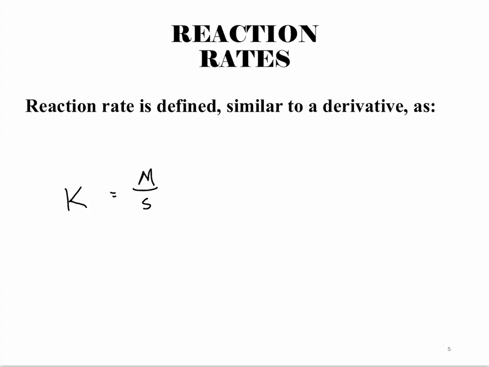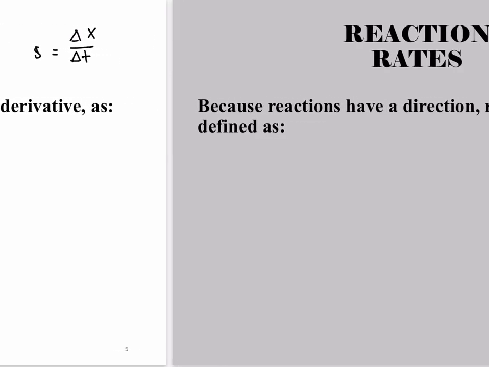Similar to how velocity or speed is determined by a change in distance over a change in time, a reaction rate looks at a change in concentration. So I'm just going to put delta M over a change in time. How fast is the concentration of a species changing with respect to time?